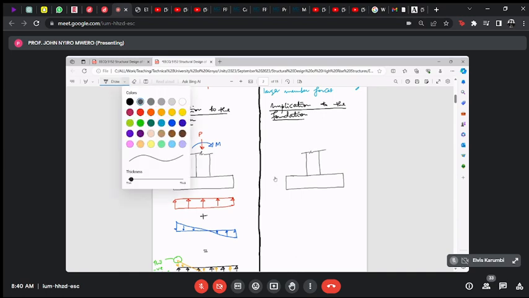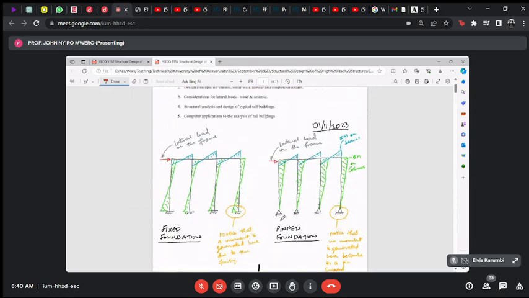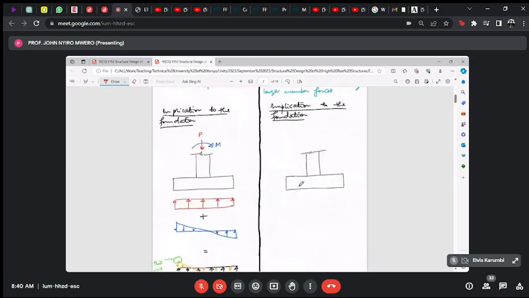Now in this case, just as we have seen here, we don't have a moment. We only have the axial from the column. So you've got an axial force here that goes in, and the result is a uniform pressure distribution below the foundation.